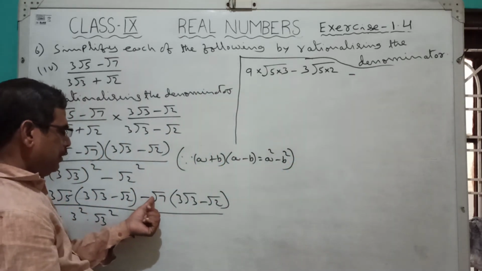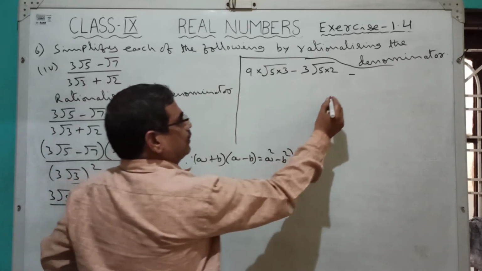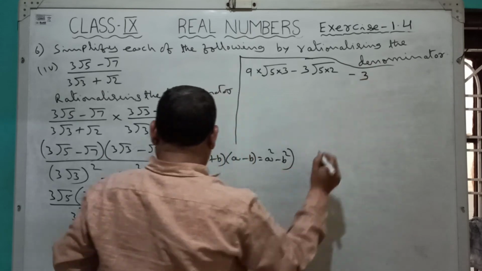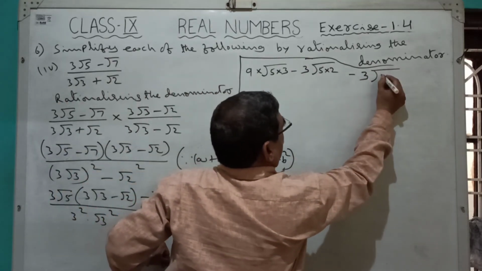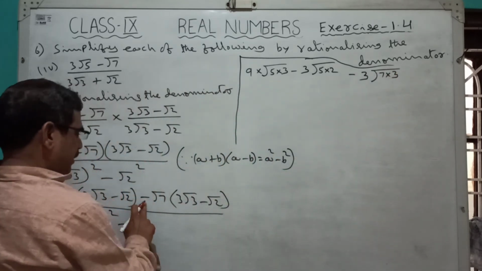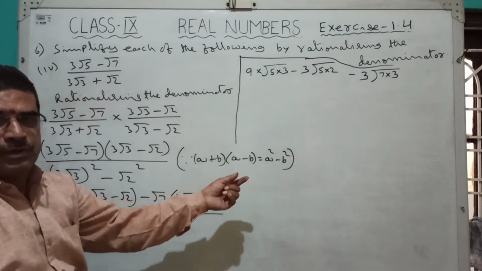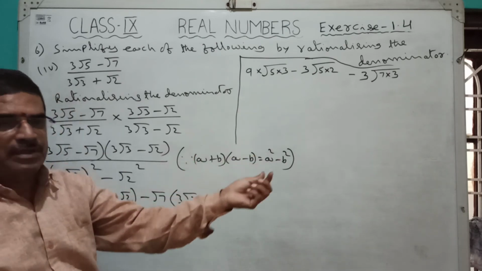Here before there is no number, so 1 into 3, 3, root 7 into root 3, root of 7 into 3. Minus into minus, plus. You have to remember, first you have to multiply these signs, after that the numbers.